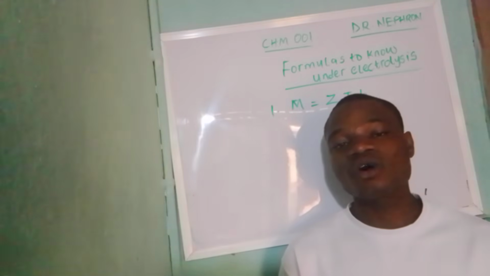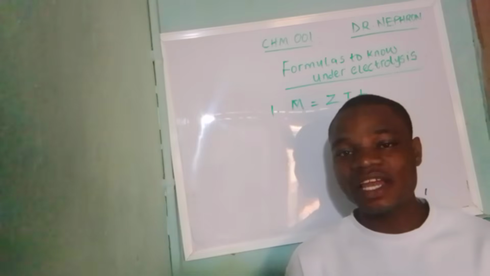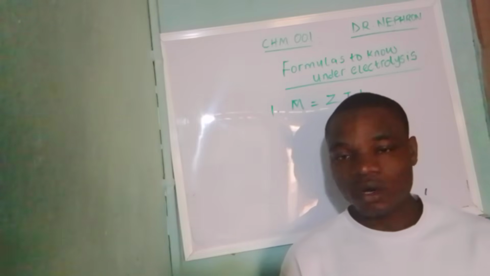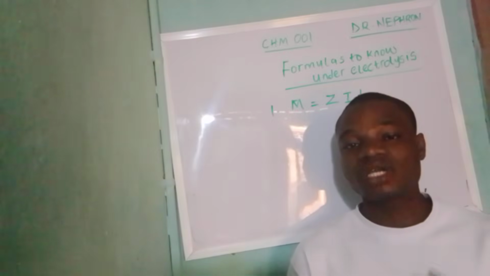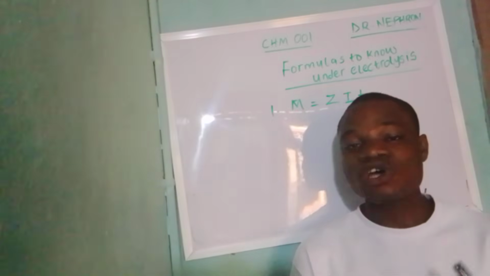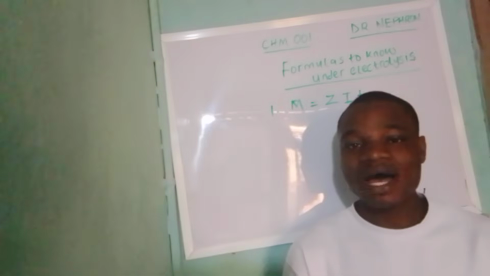Faraday's first law of electrolysis states that the mass of the element deposited or discharged during electrolysis is directly proportional to the quantity of electricity that passed through them.